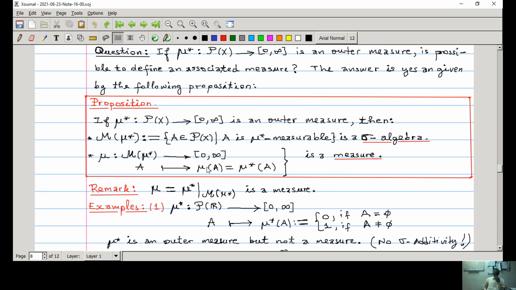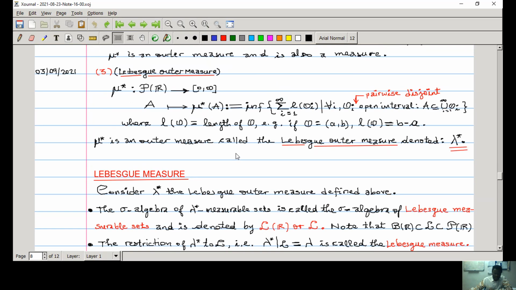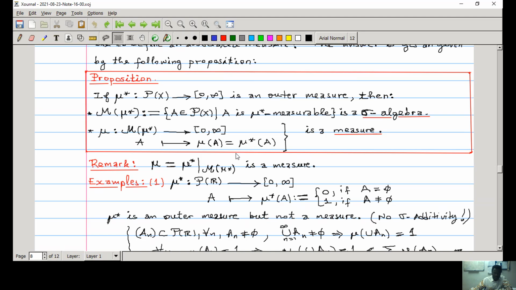A complete measure means that, okay, I did not mention that definition here. But a measure will be said to be complete when any subset of a null set is measurable.